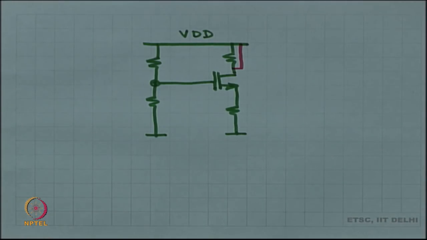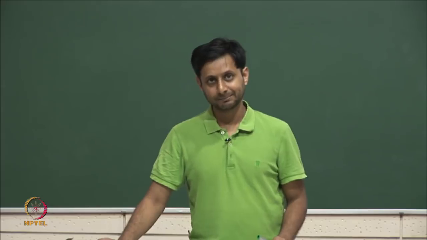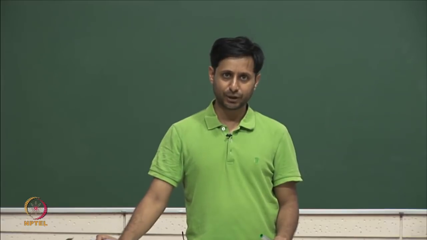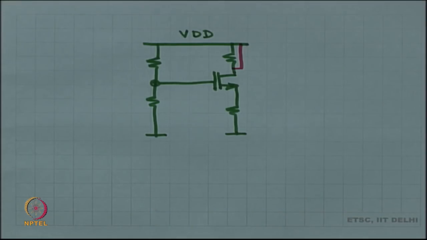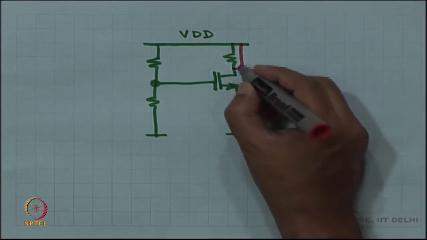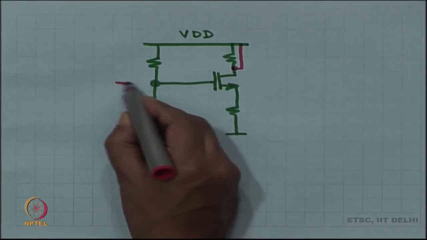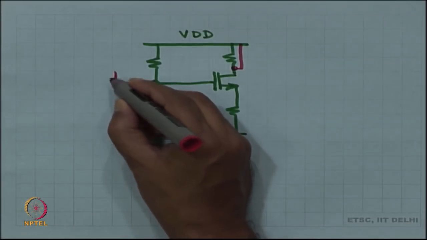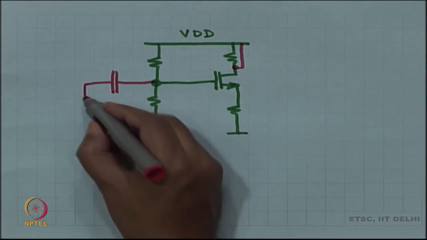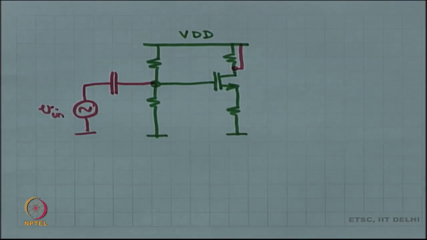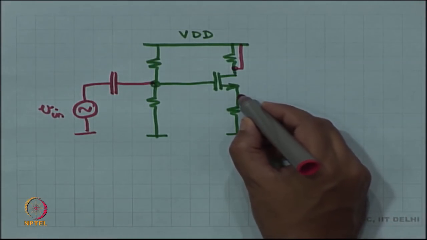All that it does is it increases VDS, which is very nice. Okay. It does not change anything about ID. All right. So, we can modify it automatically. Drain becomes small signal ground, VDD is eventually small signal ground. Okay. And then we have to apply input at the gate. How do we apply the input at the gate? By using a big fat capacitor. And we have to take the output from the source.